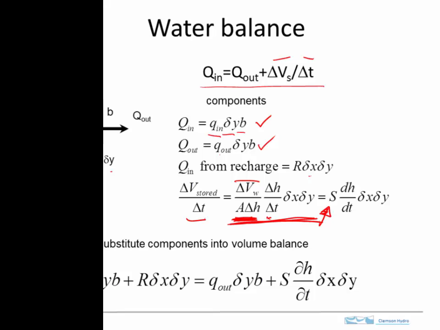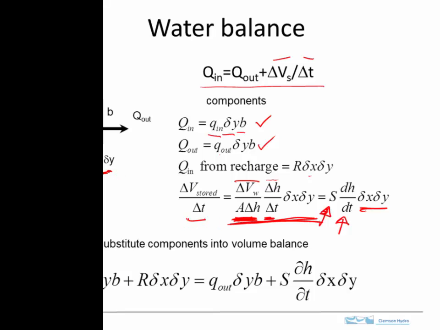And then delta H over delta T is just an incremental change, but we let that increment get small, and it becomes the derivative dh dt. And then these are the two incremental lengths, delta x and delta y.